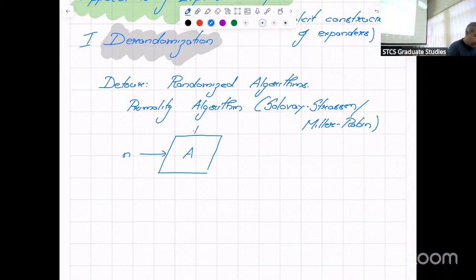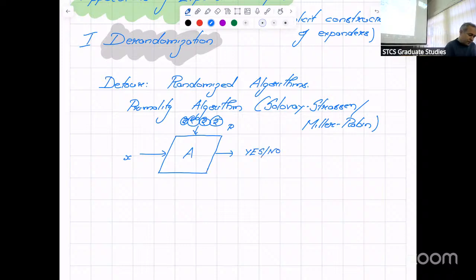It tosses a few coins in addition to the actual input. So the actual input, let's call x. It tosses some more inputs called r, and based on this, it says yes or no. It either accepts or rejects.